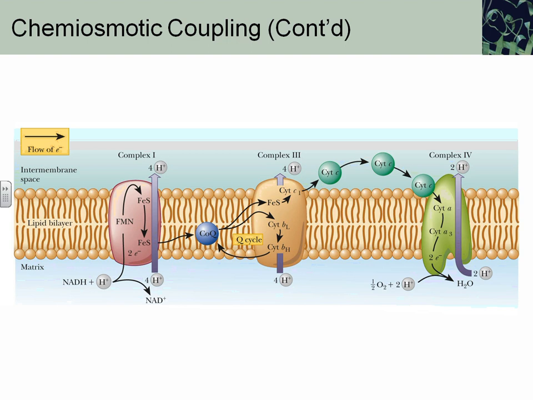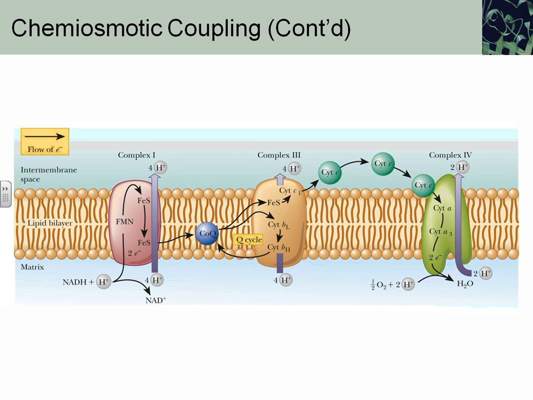So back to our overall energy yield. In glycolysis, those 2 NADHs times 2.5 gives us an equivalent of 5 ATPs. We then move to the Krebs cycle. In the Krebs cycle, we had 1 GTP produced, which is equivalent to 1 ATP.